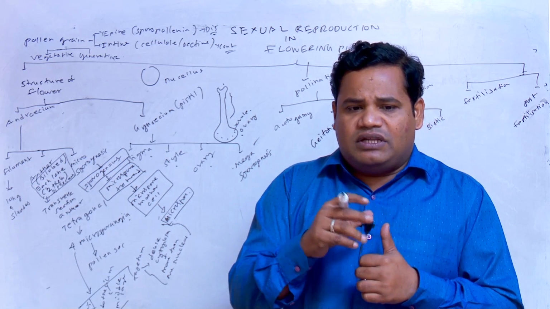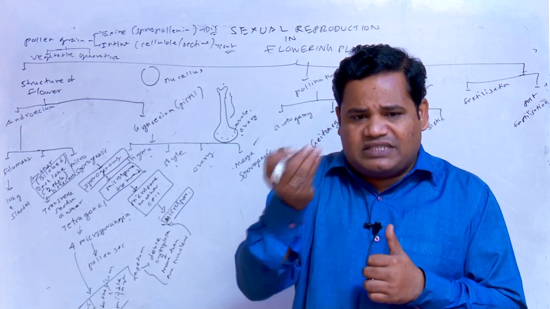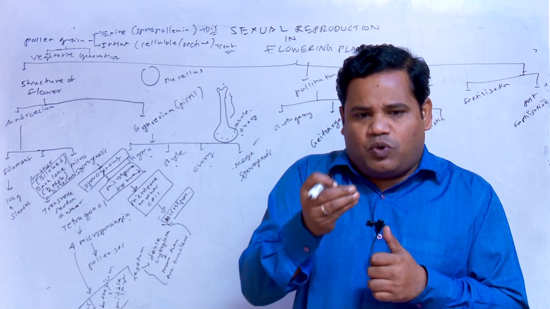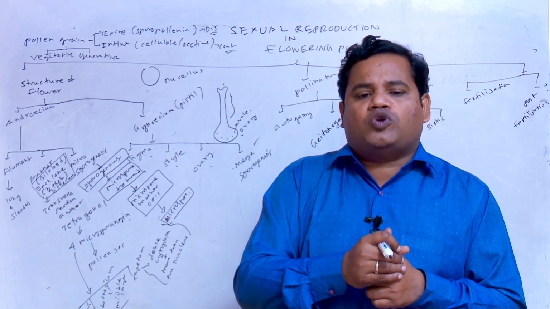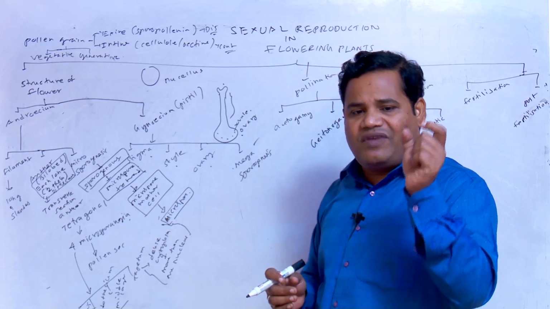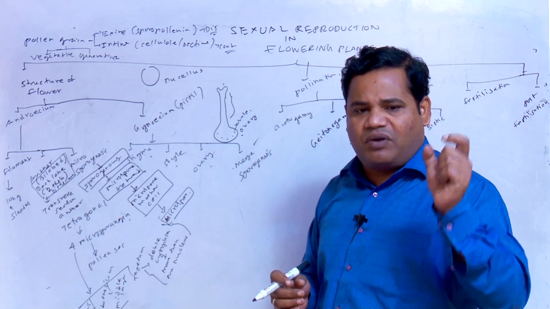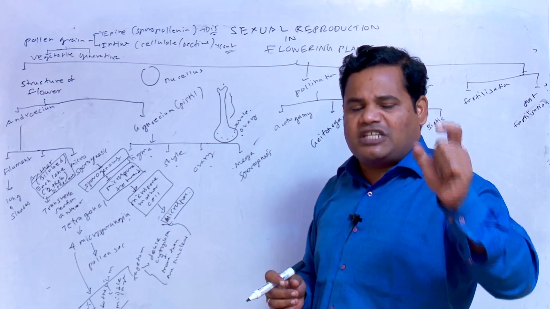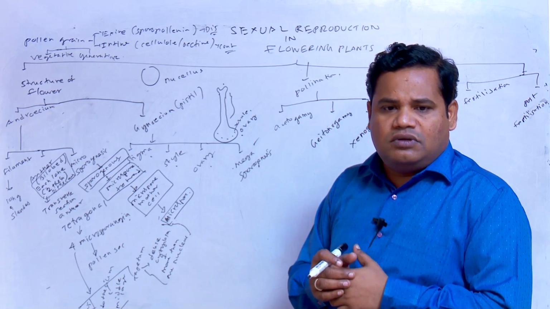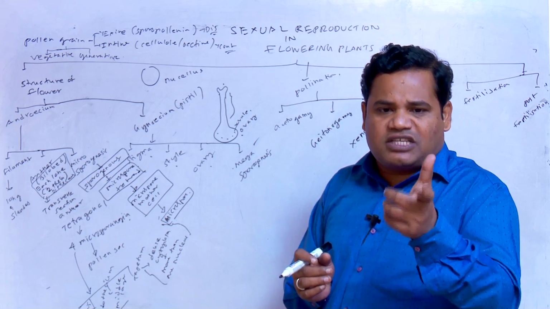The method of embryo sac formation from a single megaspore is termed monosporic development. Just now I told you how the megaspore will be formed.